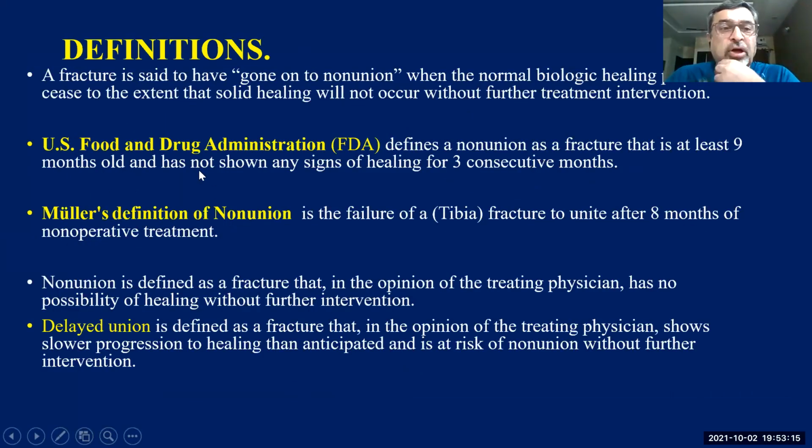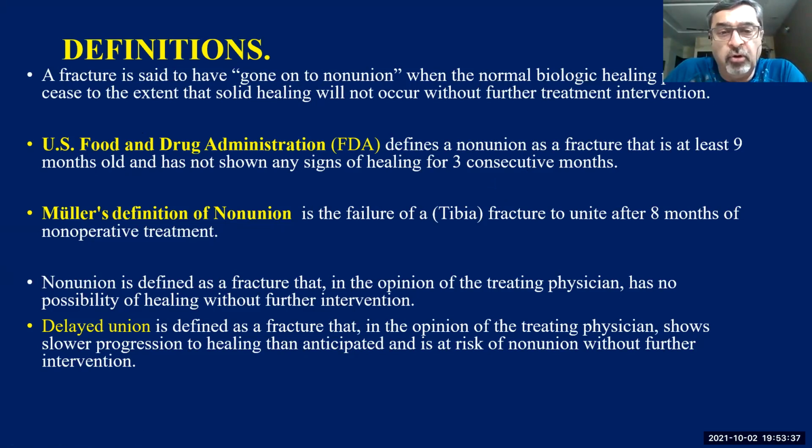Coming to the definition, a fracture is said to have gone on to non-union when the normal biological healing process ceases to the extent that solid healing will not occur without further treatment intervention. The US FDA defines a non-union as a fracture that is at least 9 months old and has not shown any signs of healing for 3 consecutive months.